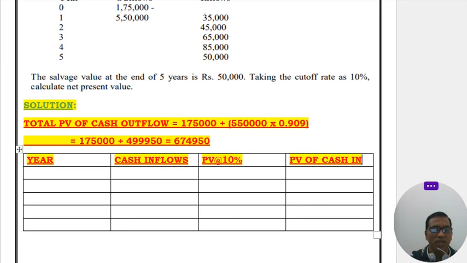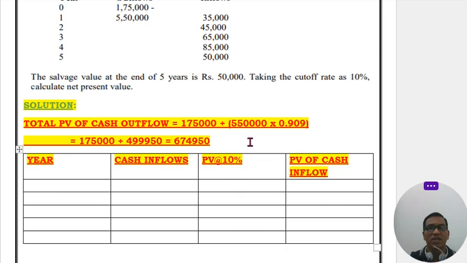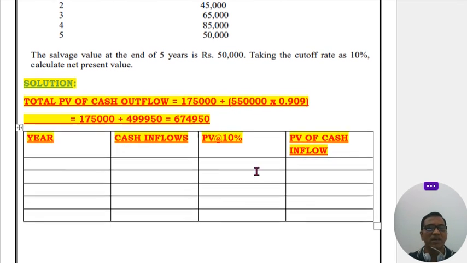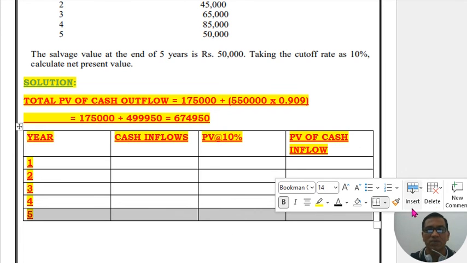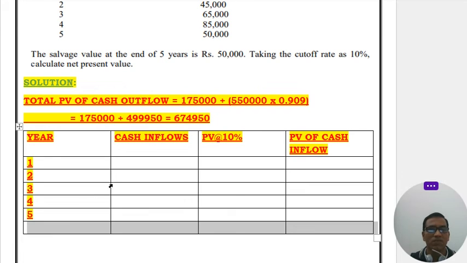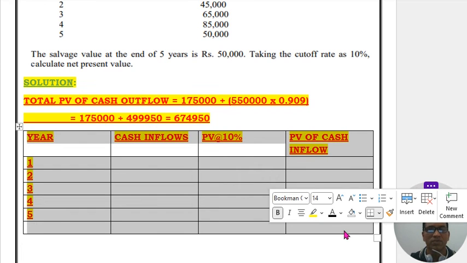Cash inflow, cash flow, cash flow after tax, CFAT, all are the same only. 1, 2, 3, 4 and 5. I need one more column for the total, and let me remove this one.